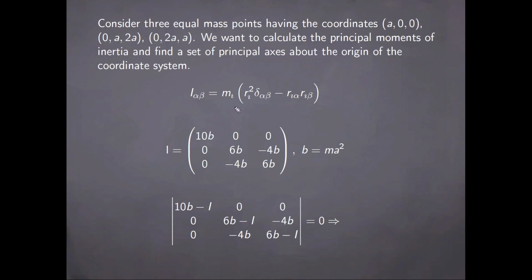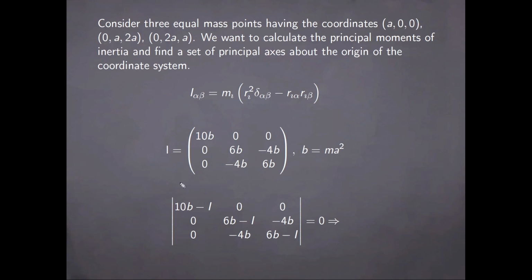Well, the general definition for the elements of the inertia tensor written for a discrete system of particles is the one here. So if we just apply it, we immediately find this expression for the inertia tensor in terms of the constant b given by the value here.